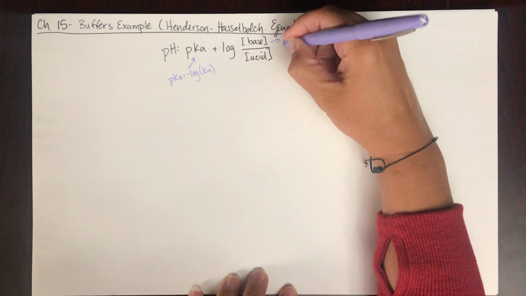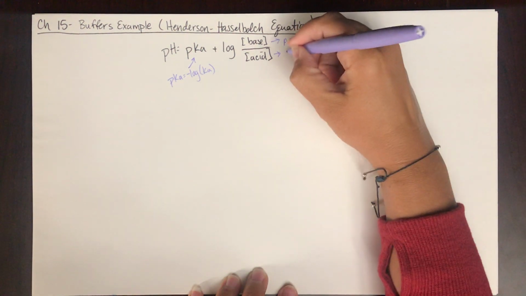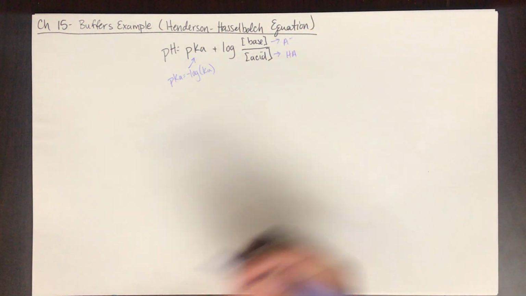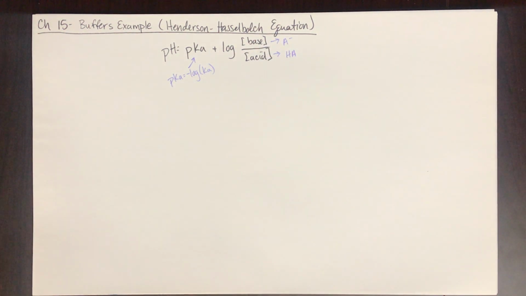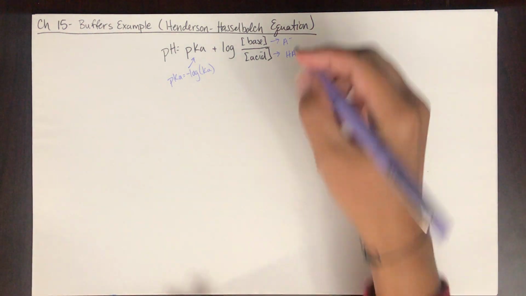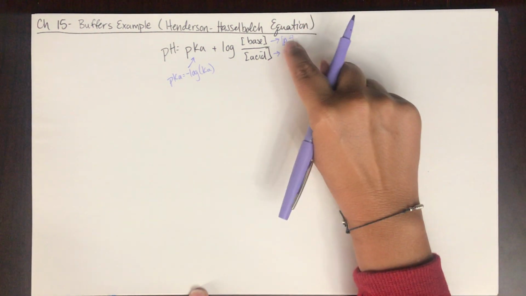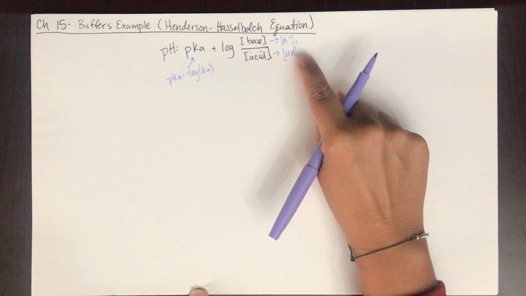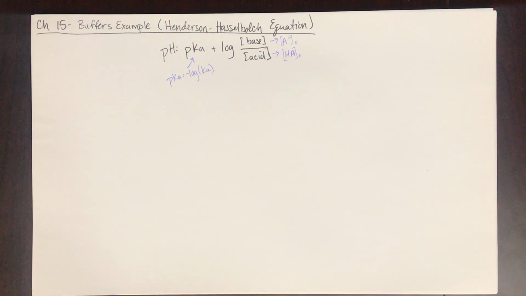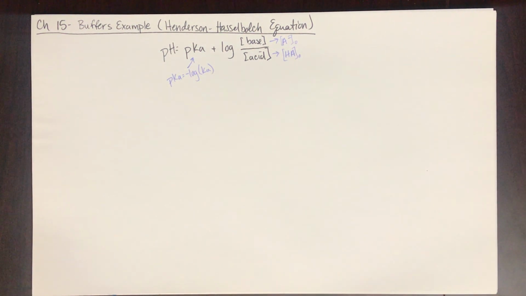Remember, base is the conjugate base, the A minus, and acid is the weak acid, HA. So these would be the concentrations of this buffer system. You could say the initial concentration of the conjugate base and the initial concentration of the weak acid. Remember, this little zero down at the bottom means initial.